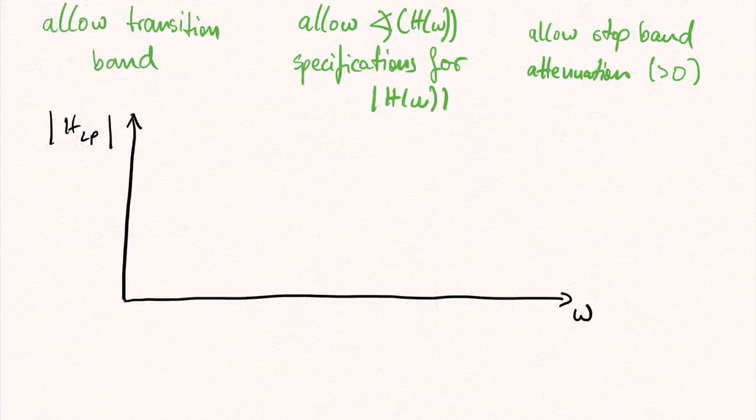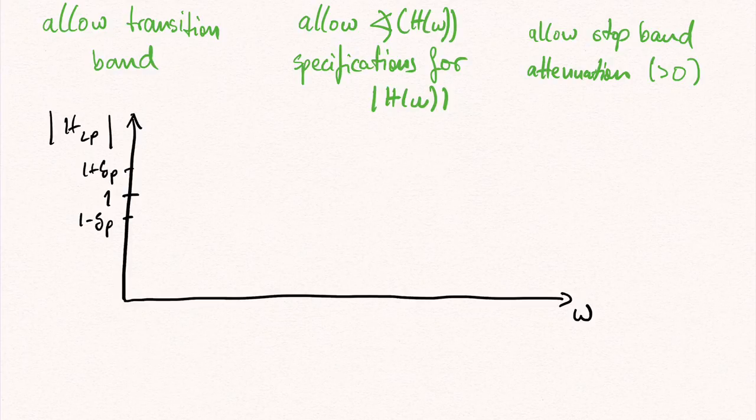Let's have a look at typical specifications for a realistic low-pass filter, which are given for the magnitude of the frequency response. Specifications for the phase of the frequency response are often not considered. First, instead of requiring that the frequency response of the low-pass filter is exactly equal to 1 in the pass band, the frequency response is to vary a little bit, namely in the band between 1 minus delta p and 1 plus delta p.